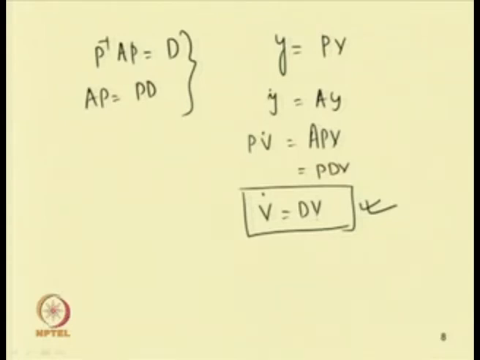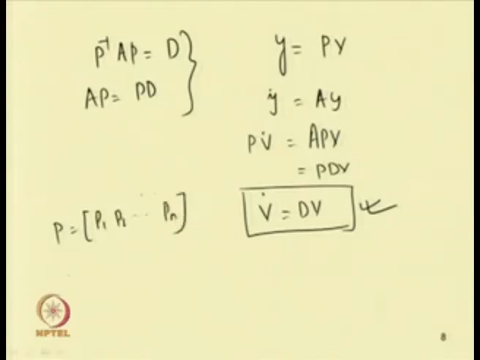The columns of matrix P are the right eigenvectors P 1, P 2, P n. So, we can write this P matrix equal to P 1, P 2 and P n.